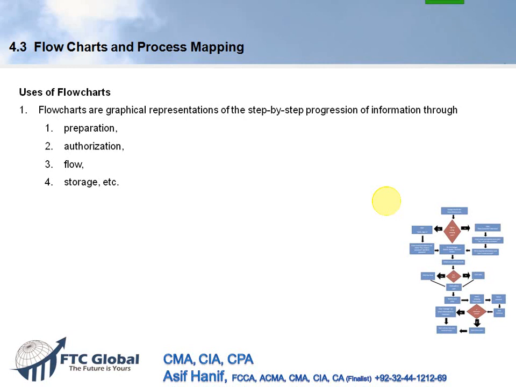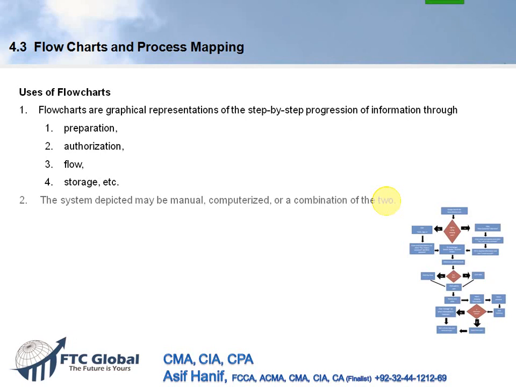So the best understanding of the system in the preliminary review stage can come from a flowchart. If an auditor can construct a flowchart of business processes, business activities, whether computerized or manual, it will give a very good bird's eye view of the whole system, whole operations, whole processes.